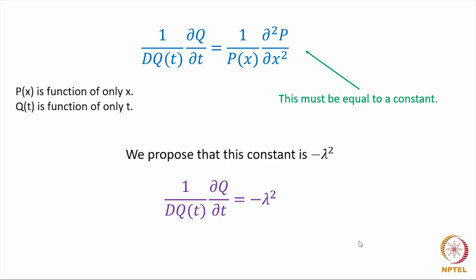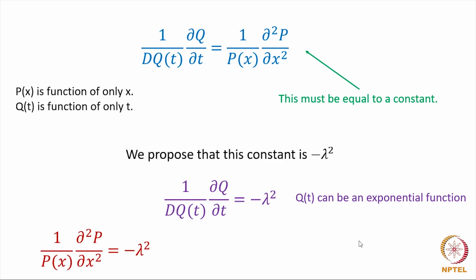The left hand side is written as one equation where we can see that perhaps Q of T can be an exponential function, because ∂Q/∂T is proportional to Q itself. Similarly, ∂²P/∂X² is proportional to P, but with a minus sign, which means that it can also be a sine function.